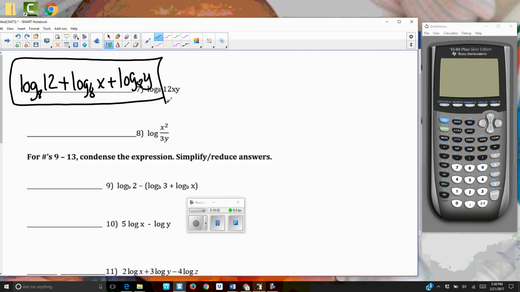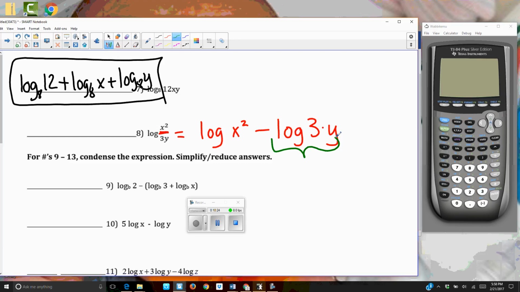Number 8, we're doing a couple things. We're dividing x squared by 3y. So that converts to subtraction. So that's log x squared minus log 3 times y. But now this second logarithm, multiplication, converts to addition.